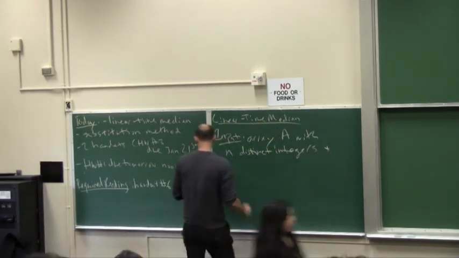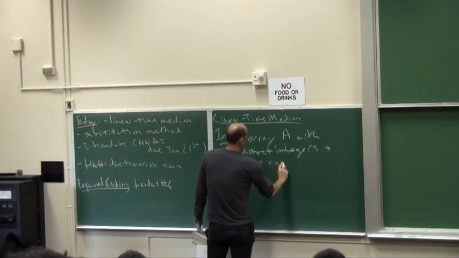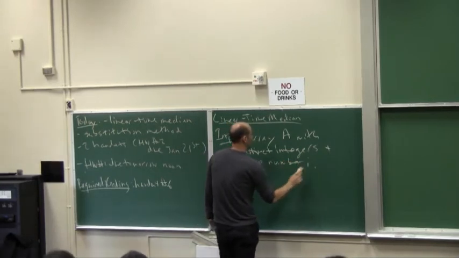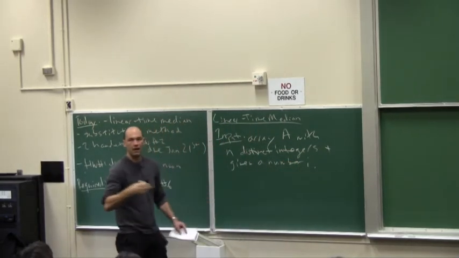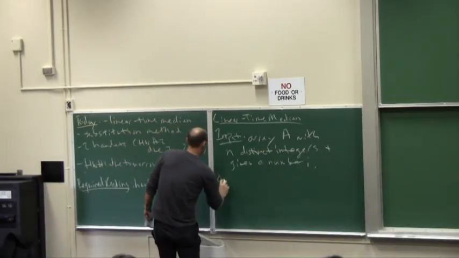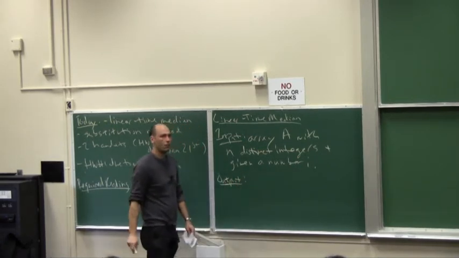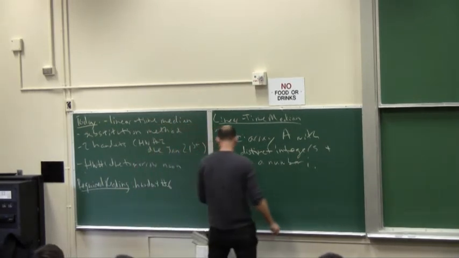And we're also given a number i, where i is an integer somewhere between 1 and n, where n is the length of this array A. And the goal is to compute what's known as the ith order statistic, or the ith smallest entry of the array.